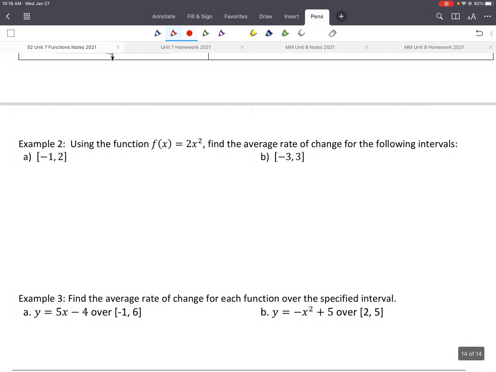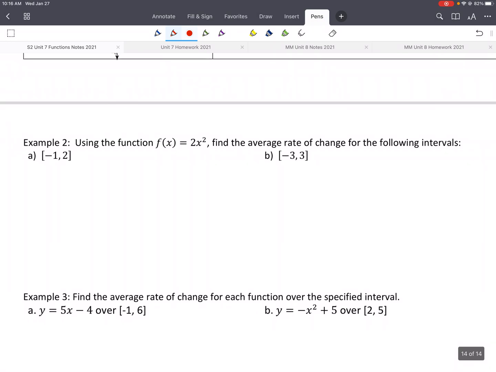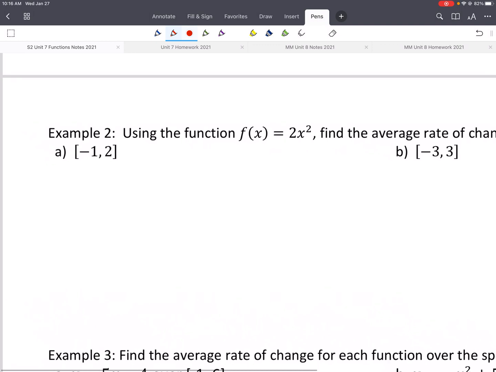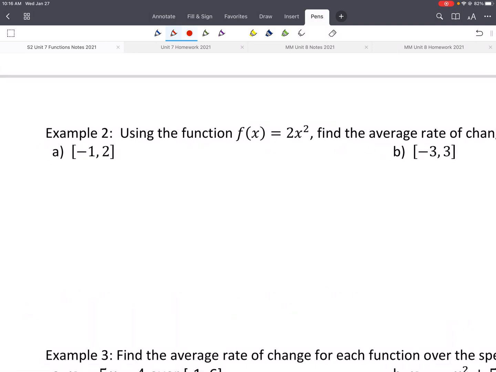All right, so let's do some other examples. We're not going to graph it. We're just going to use the intervals, finding our points, and then doing that, okay? So here we have our interval. This is like our x1 and x2. We want to find the slope between that interval. So we'd want to find f of -1.